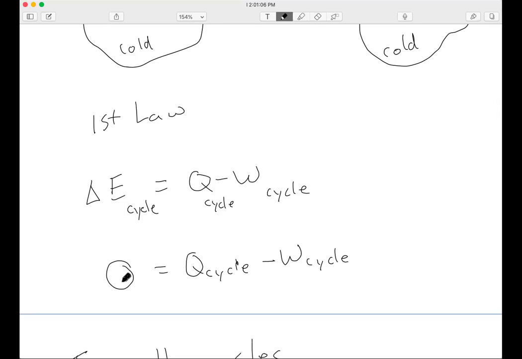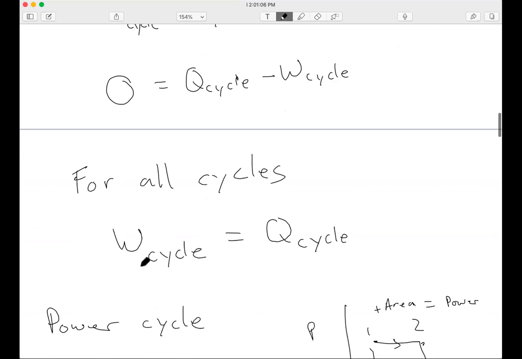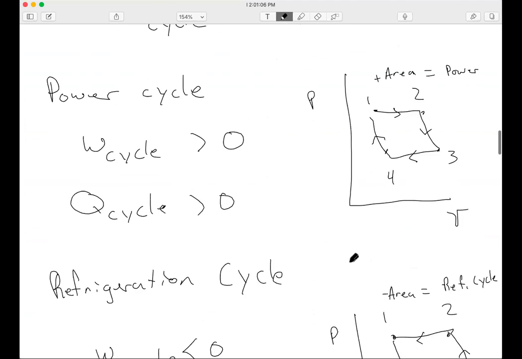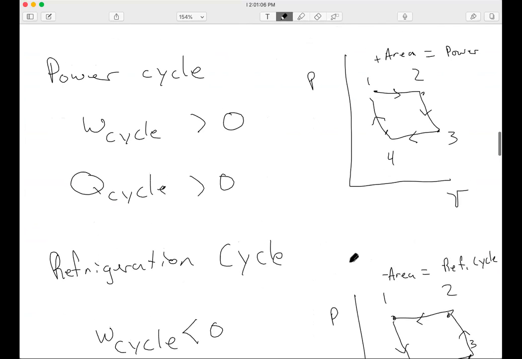So that tells us that for all cycles, the cycle work must equal the cycle heat. And that immediately lets us determine which diagram went with which. For a power cycle, you're producing power, so W is positive, consequently Q cycle should be positive.